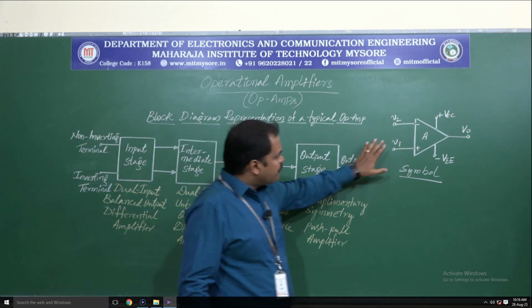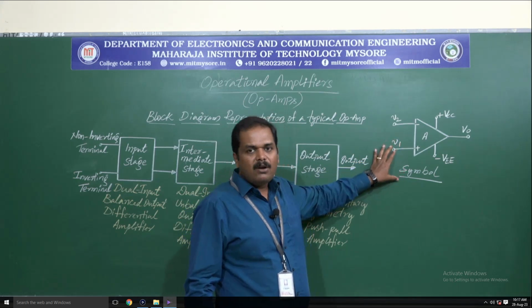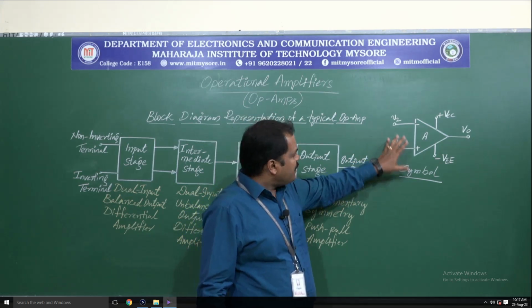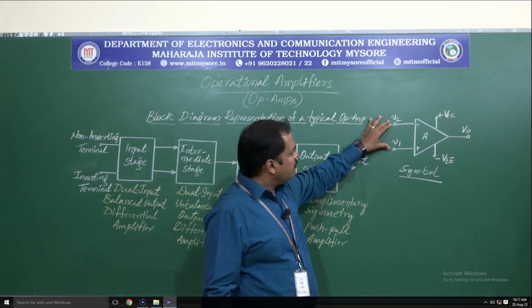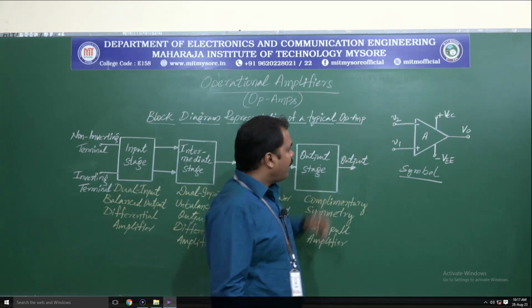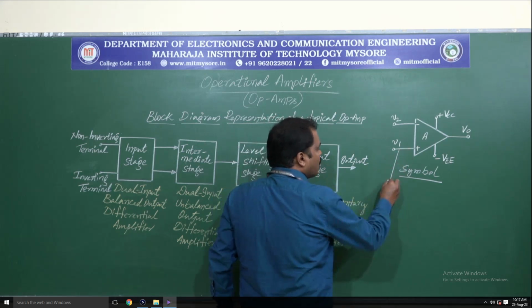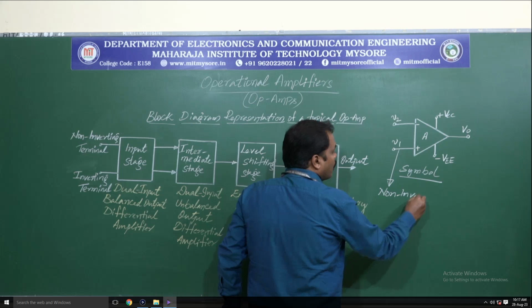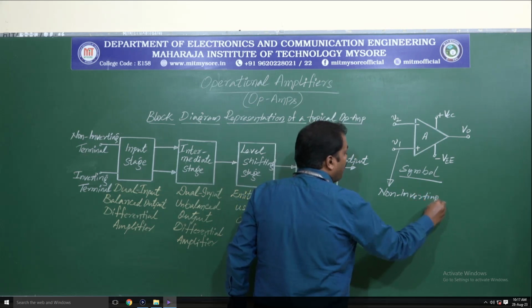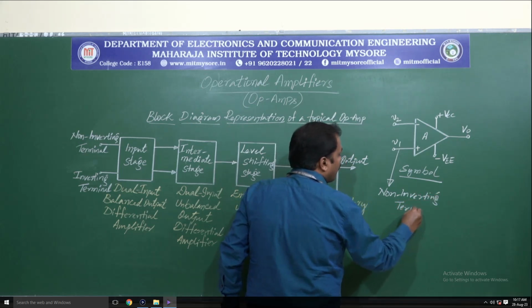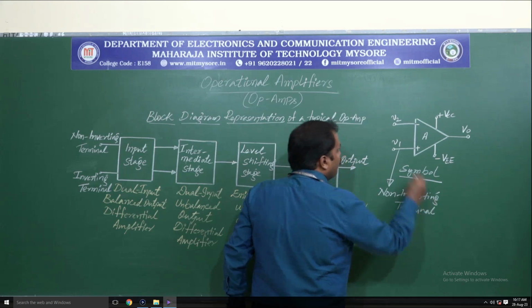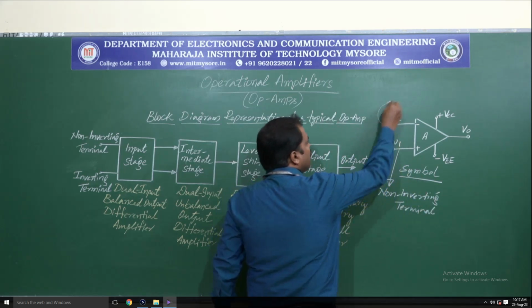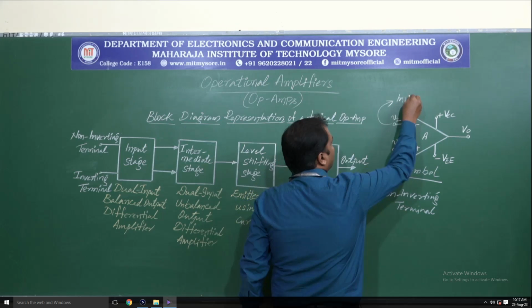Now this figure shows us the symbol of an op-amp. As we can see here, we have two input terminals, V1 and V2, where V1 is called the non-inverting terminal and V2 is called the inverting terminal.